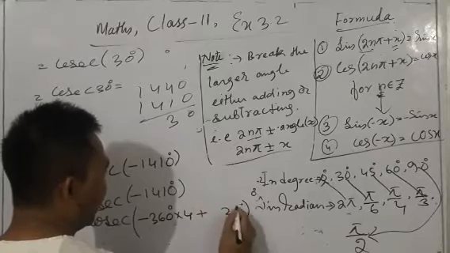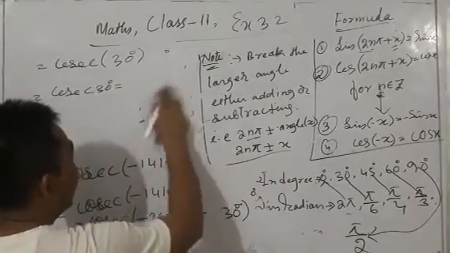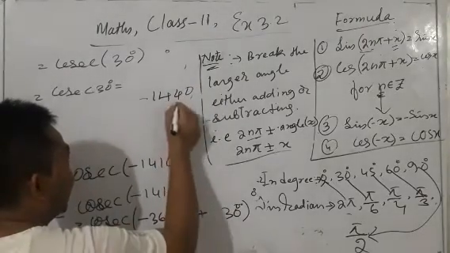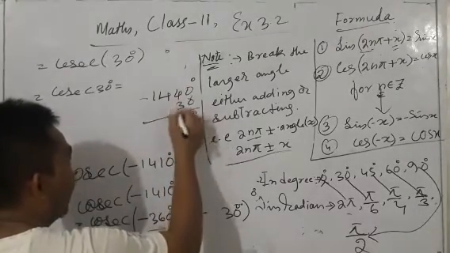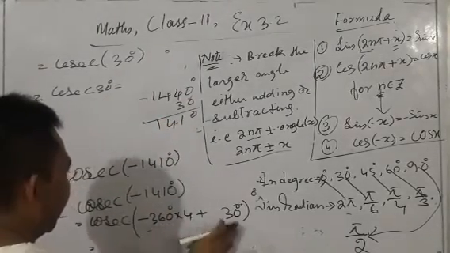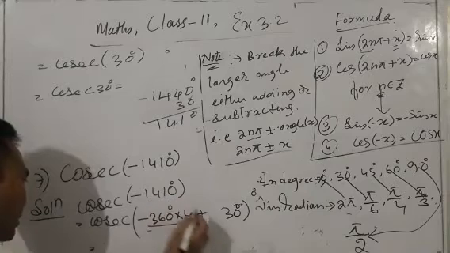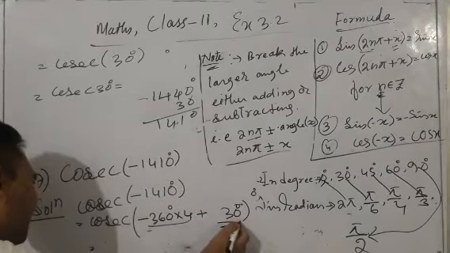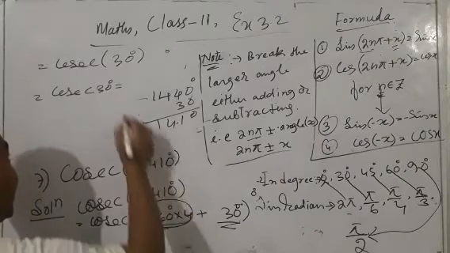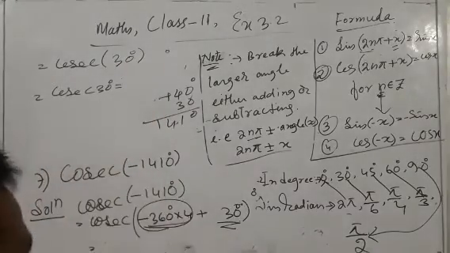So it will be minus 1440 and then 30 degree, then we get the 1410, right? So better you write plus 30 degree and subtract 30 degree from the product of this, minus 360 into 4, okay? That gives equal to 30 degrees. We have to check at 30 degree.